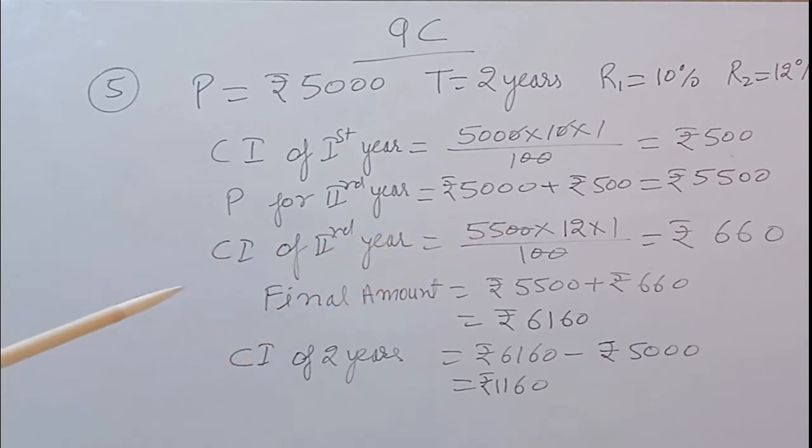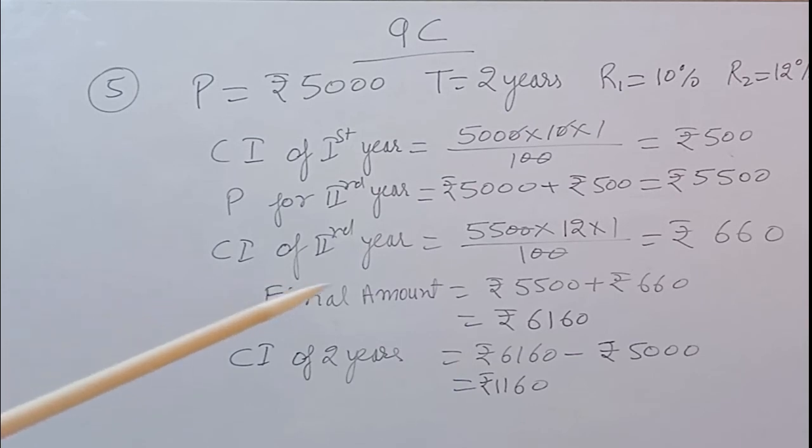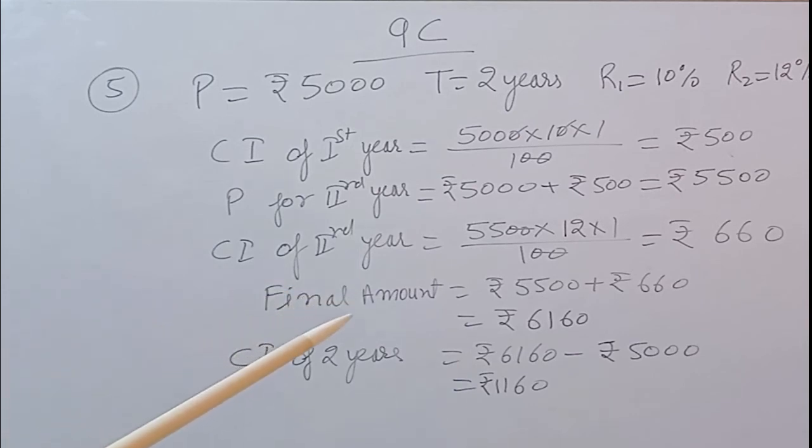So the amount equals 5,500 plus rupees 660, that is rupees 6,160. Now CI equals the final amount 6,160 minus the principal of the first year, that is 5,000, that is rupees 1,160. So in that manner you can do question number 5.